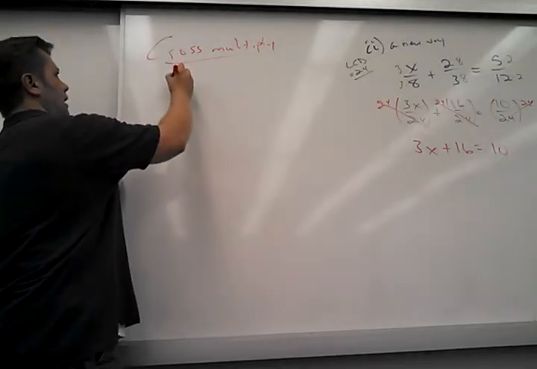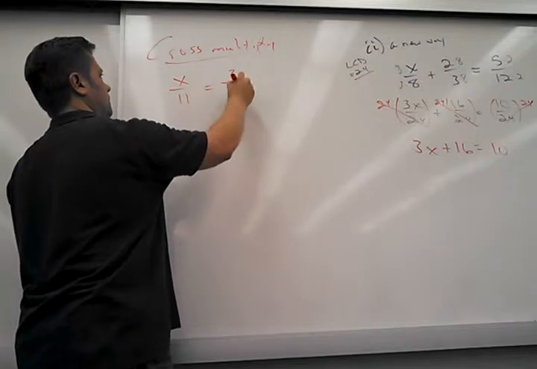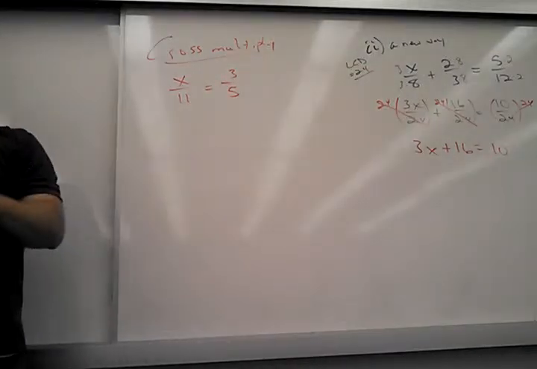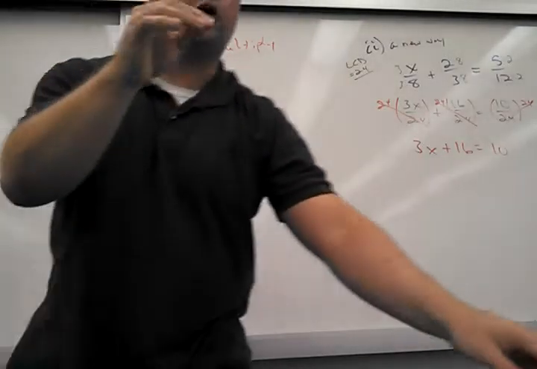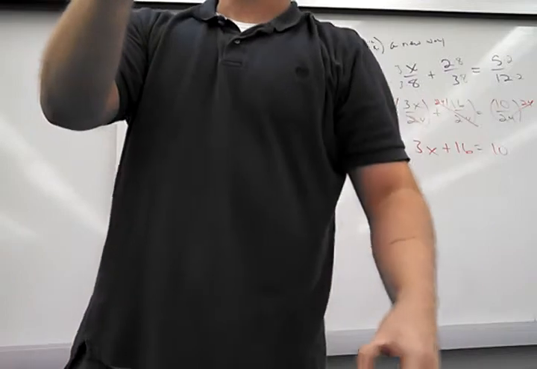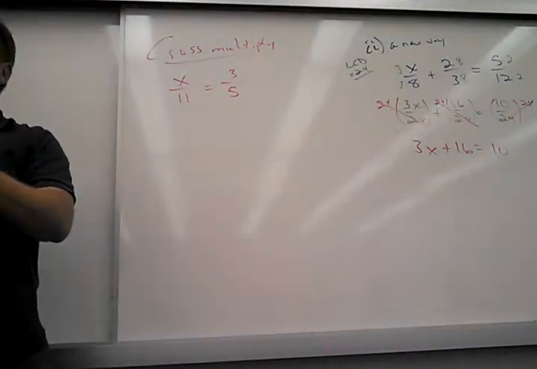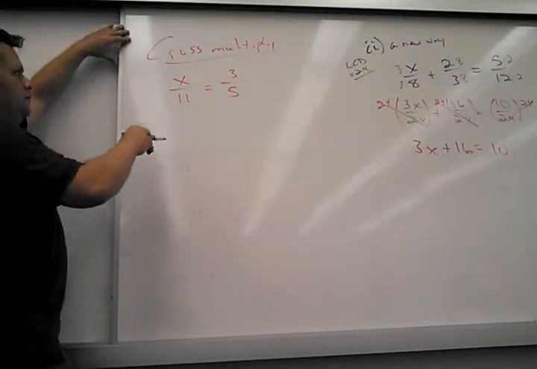So here's the idea behind cross multiplying. I'm going to show you why it works, but what I'm about to do is a lot longer than it has to be. I'm showing you why it works because I know somebody's going to ask, what are you doing all that for?